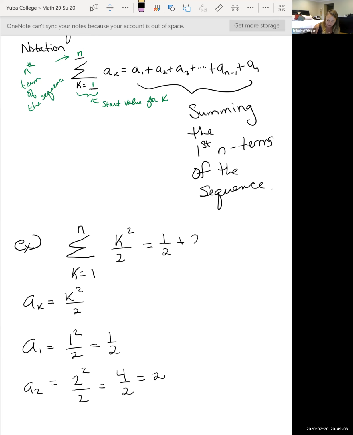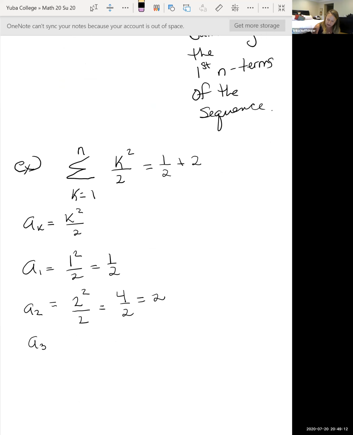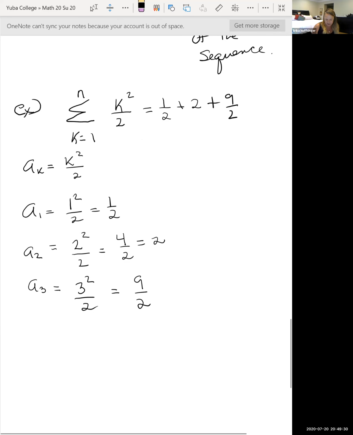So a sub 3 is equal to, I see a k here, so I'm going to plug in 3. 3 squared all over 2, which is 9 over 2. So plus 9/2. A sub 4, this can go on forever.